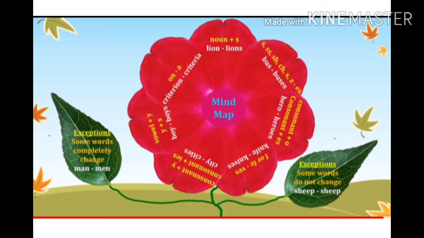They are very rigid. They remain the same in singular form also and plural form also. For example, this noun sheep will be sheep in singular form and the same in plural form. It remains as sheep only. So I hope you all have been able to revise these rules well now.